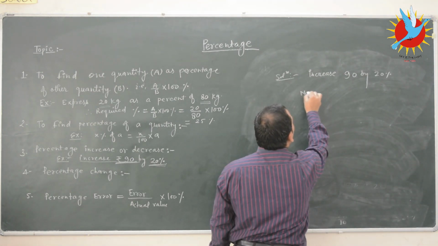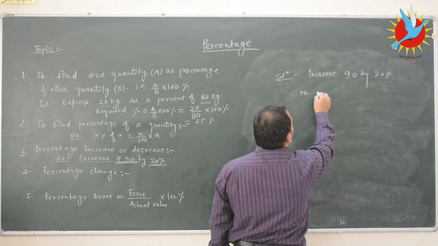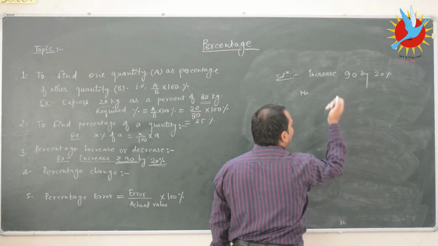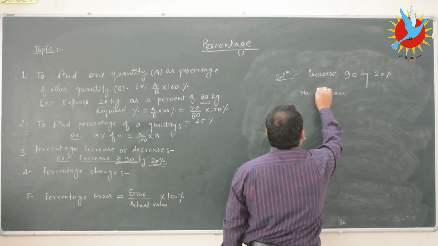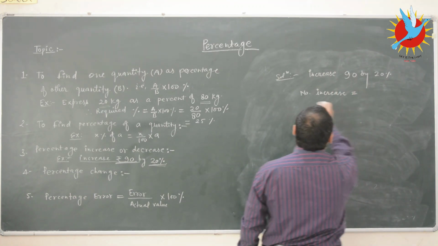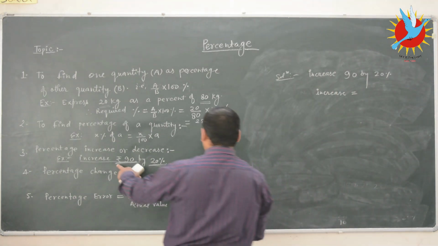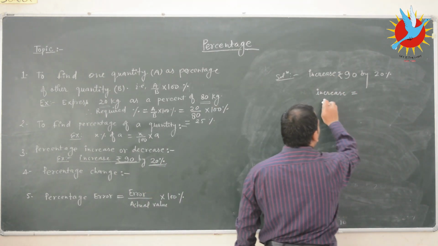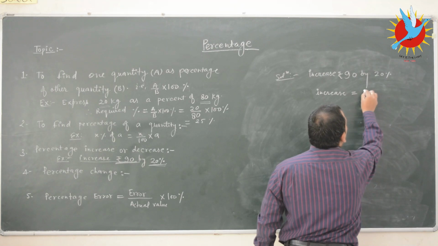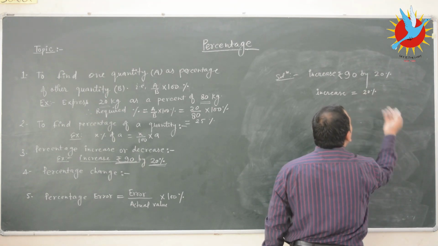The number may be in kg or in rupees. Here it is rupees. So increase rupees 90 by 20%. So increase is equal to how much? 20% of which number?